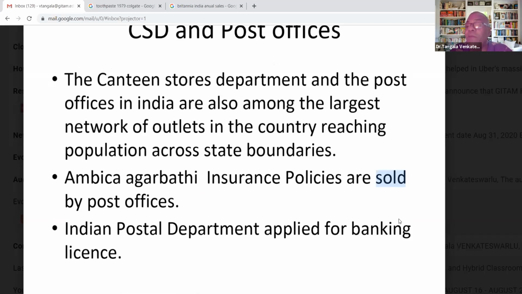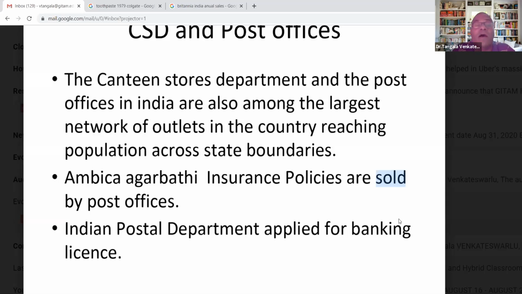Any big or moderate sized post office is now almost a bank, selling banking products and insurance products, along with the traditional communication material like letters, inland covers, postcards and stamps. They have increased their revenue by selling other products. Now you can open a savings account, you get a debit card from the post office, you have an ATM, and post offices are considered the largest network.